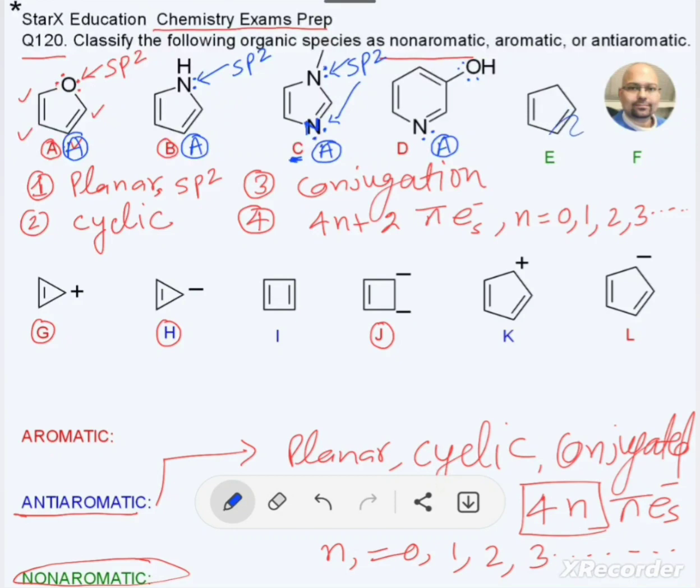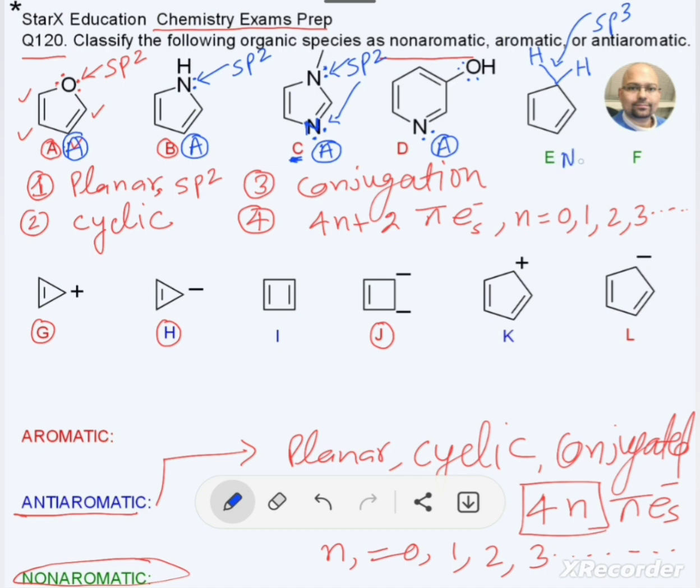Next species is cyclopentadiene. So cyclopentadiene has 1 carbon that is actually sp3 hybridized, and the geometry of an sp3 hybridized carbon is tetrahedral. So the molecule is not flat. It cannot undergo the conjugation, the resonance movement of pi electrons, and therefore species E is not aromatic.